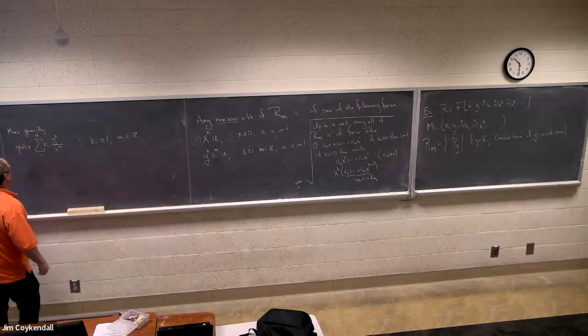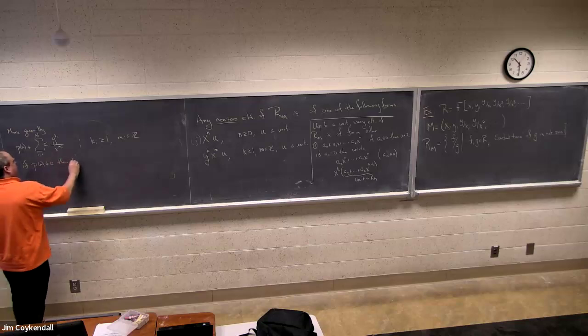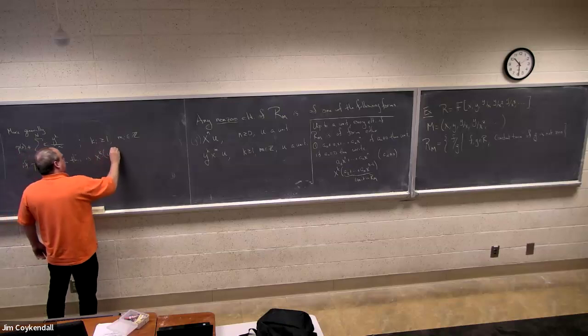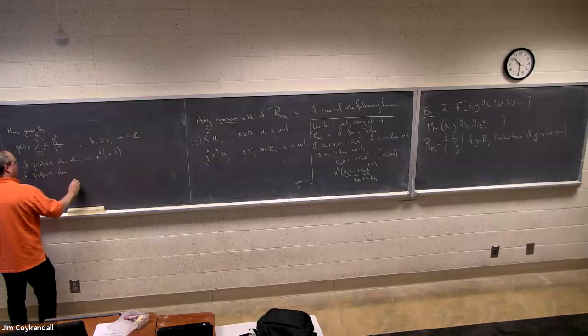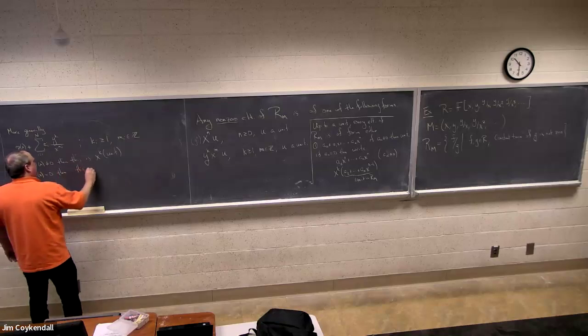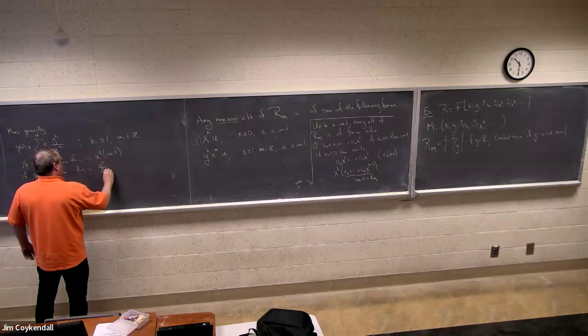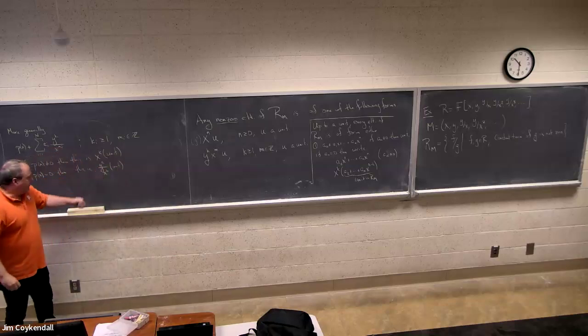If P of X is 0, then this is Y to A over X to B times a unit. And how do I know what the power is?